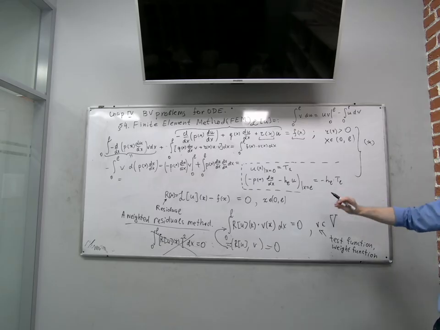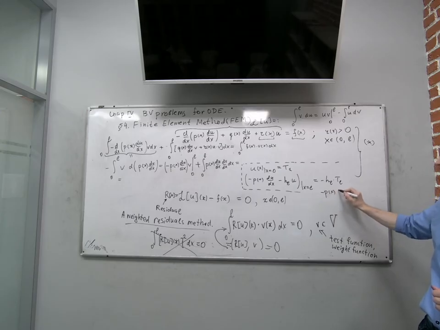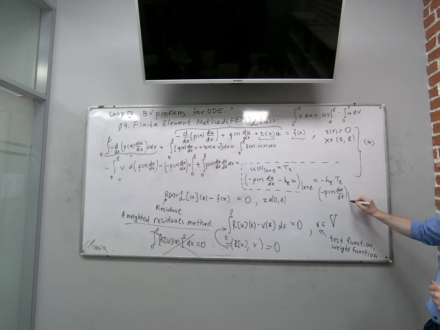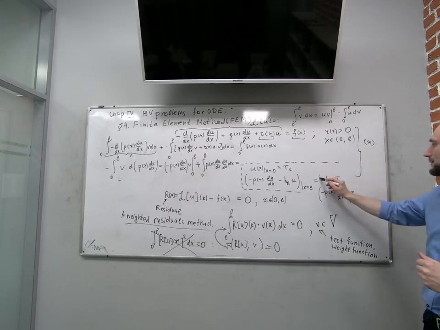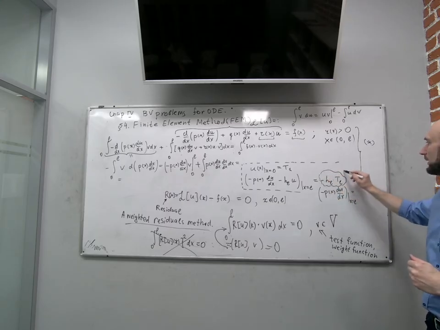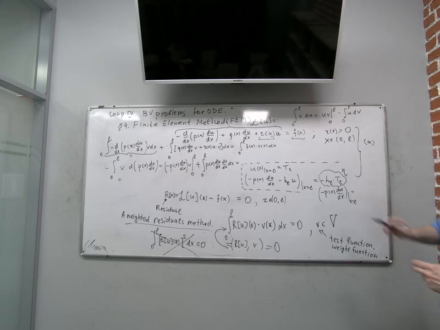Just a second. Minus p of x du by x at point L is equal to, let's denote this guy by eta, just by eta, okay? To make life a little easier.